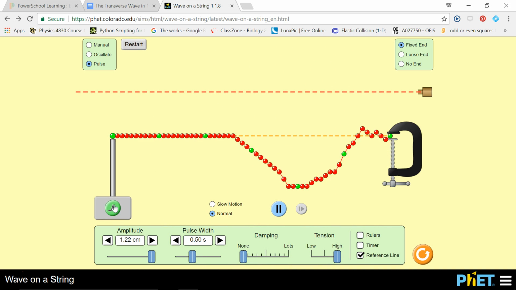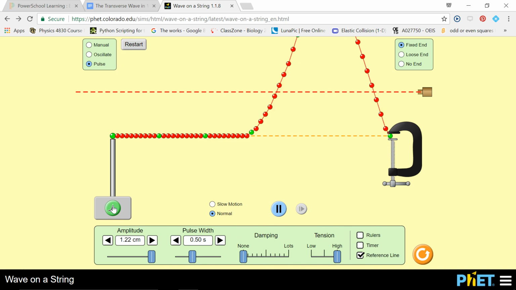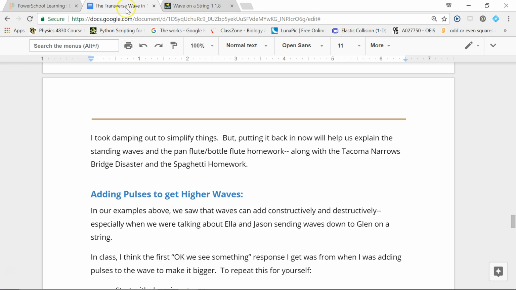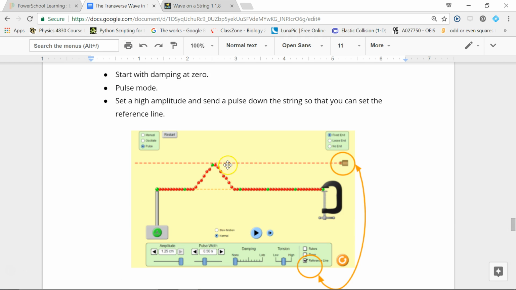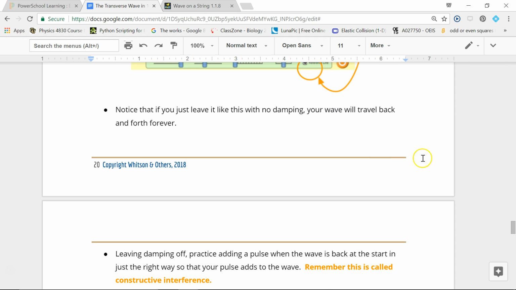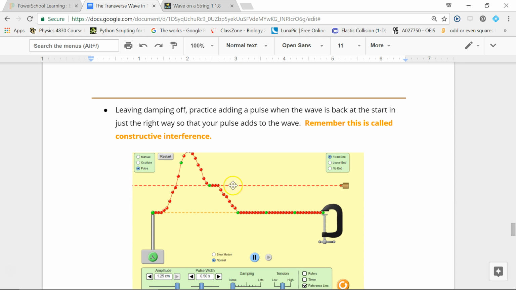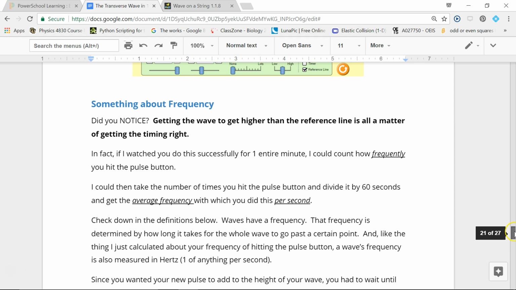I don't know if you can hear my mouse clicks. There's a certain frequency with which I'm clicking that mouse button to get that pulse to go up. This is another thing when I ask you to stop and do the thing. I have to get the timing right.